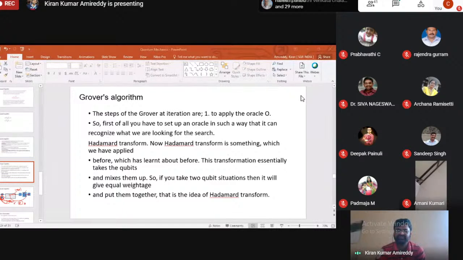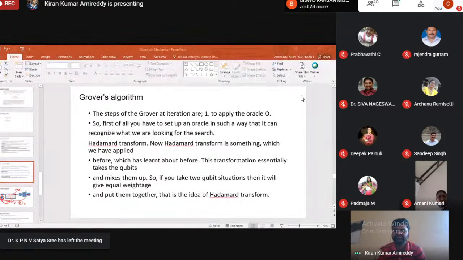Otherwise, if you are only reading reference books, it is somewhat difficult. I'll include some of the gates in the reference links also. In the references, I will give algorithm references and a separate link for the quantum gates. Then it will be useful.